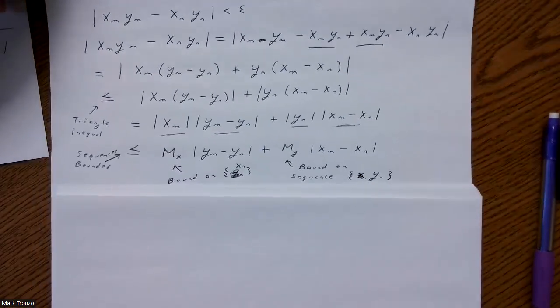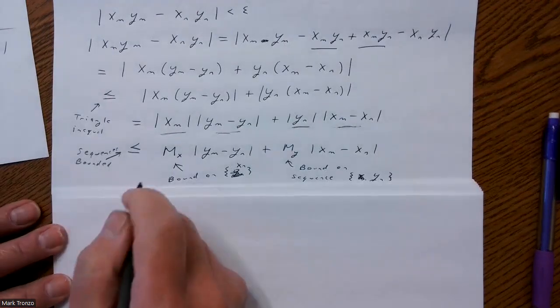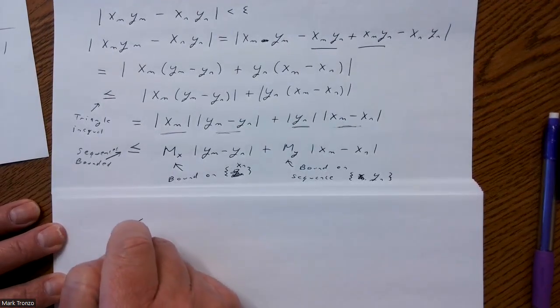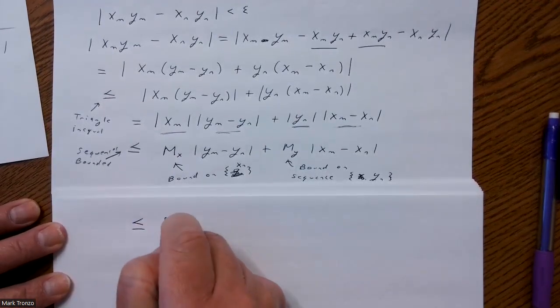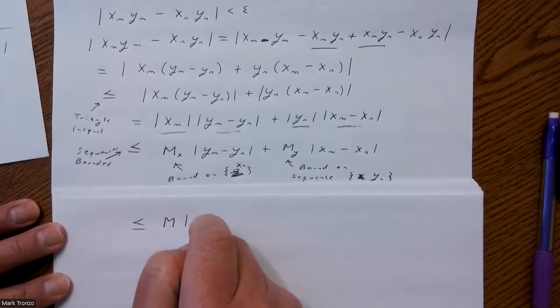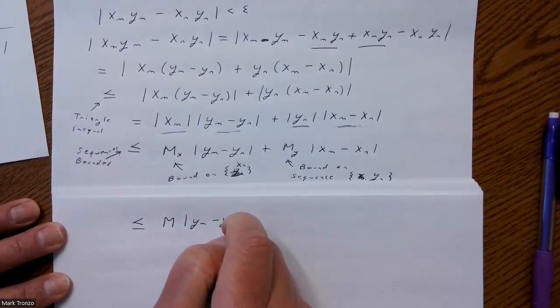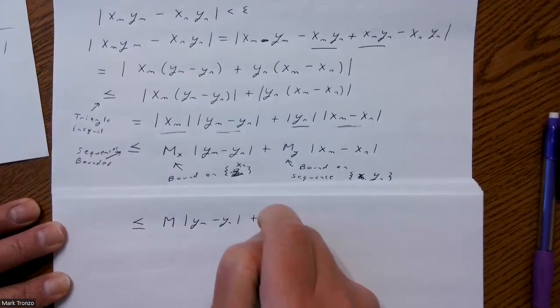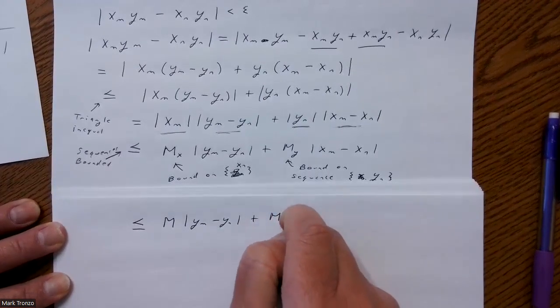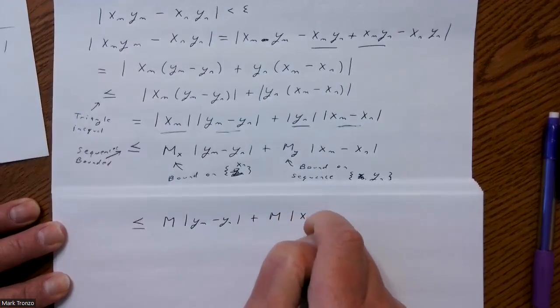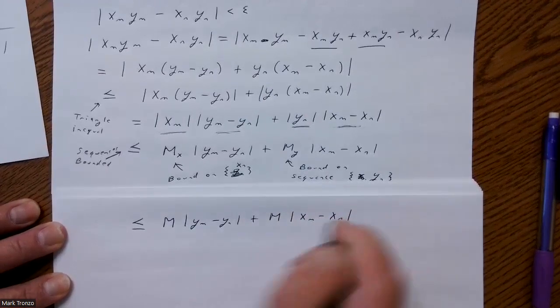then finally we could say something like this: M times |YM minus YN| plus M times |XM minus XN|.